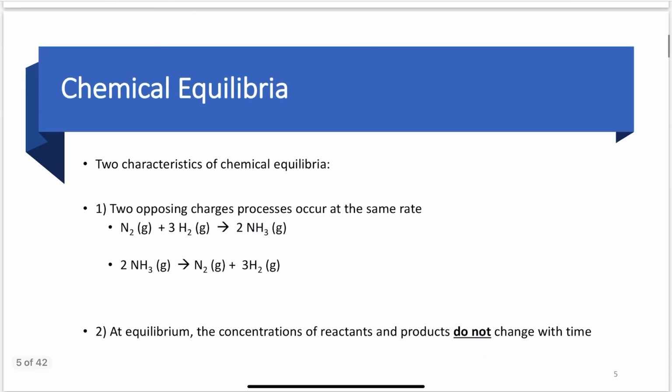So there are 2 characteristics of chemical equilibria. We have 2 opposing processes. This should say changes or processes, but we're going to take out that word. Keep forgetting to delete that. 2 opposing processes that occur at the same rate, but they are opposing. They're doing the opposite thing. They're opposite of one another.